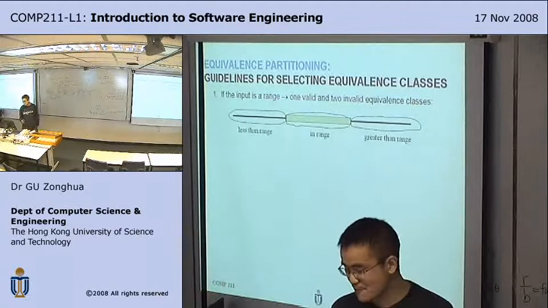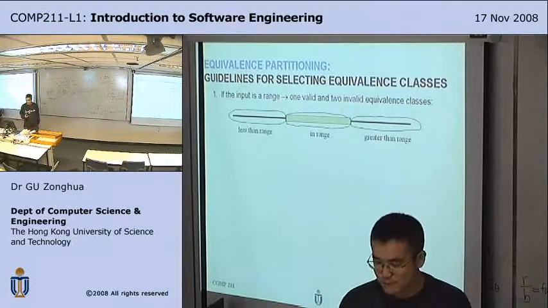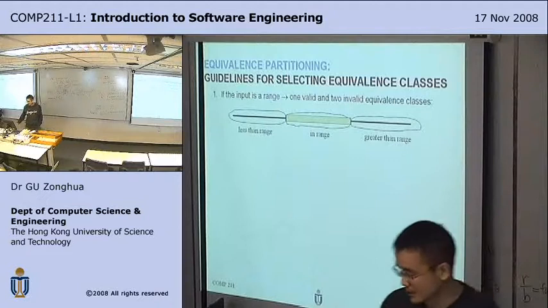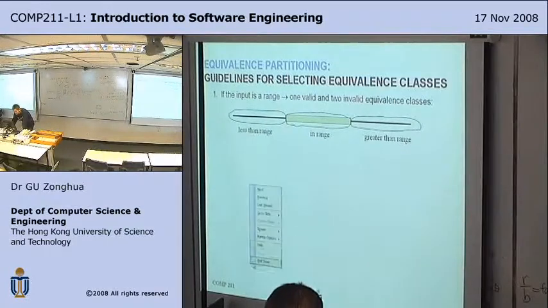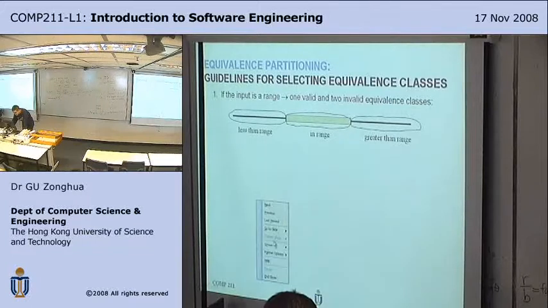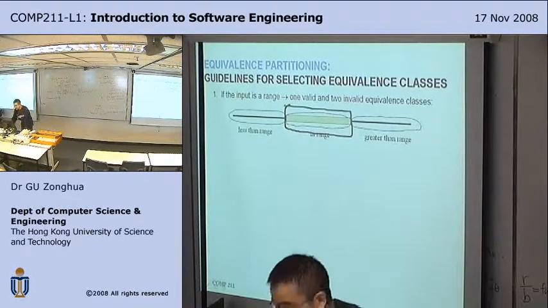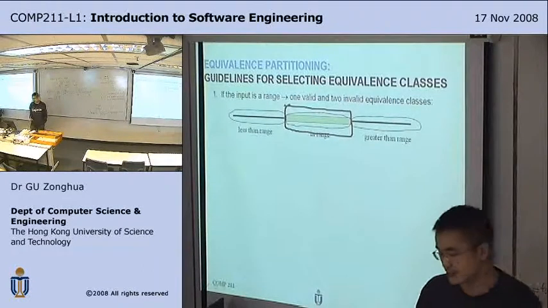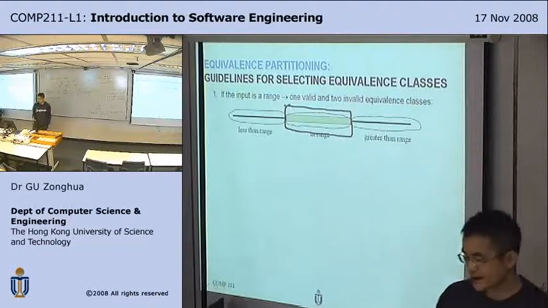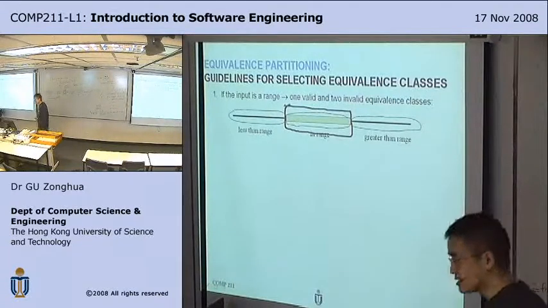Here are some guidelines for selecting equivalence classes. If the input is a range, say the valid range is 0 to 5,000, then anything less than 0 or greater than 5,000 will be out of range.